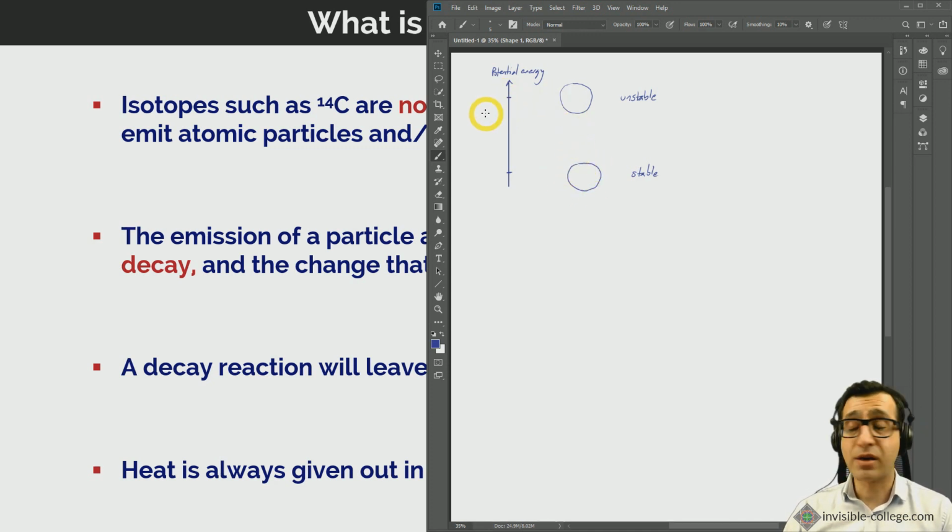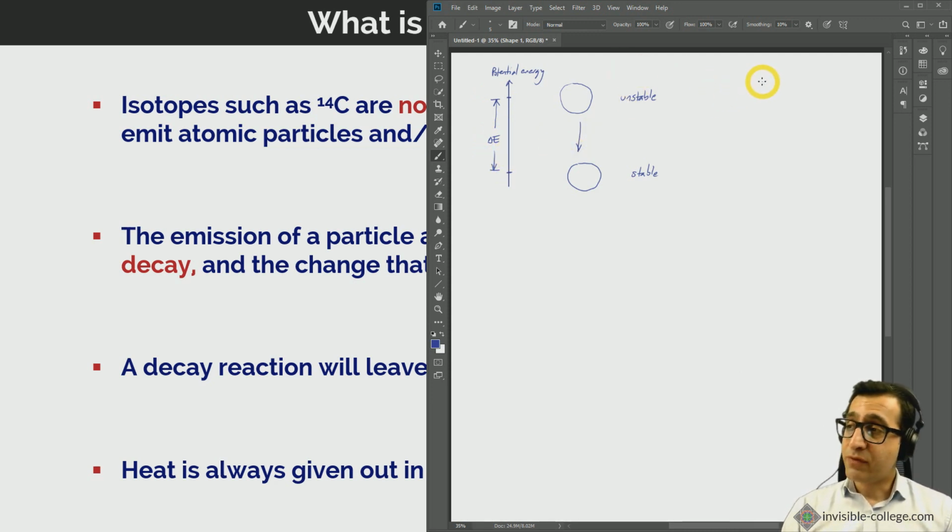But energy is conserved. You can't start with this level of energy and end with this level of energy by just making that energy disappear. The energy has to go somewhere. So when this change occurs from an unstable nucleus to a stable nucleus, the energy difference, which we can call delta E, this energy difference has to go somewhere.